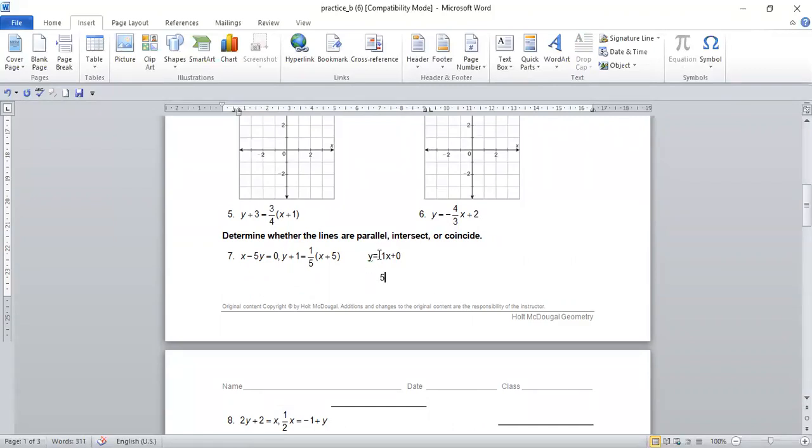So the slope is going to be positive 1 over 5, because both are negatives, negative 1 and negative 5. So the signs will get cancelled, negative and negative.